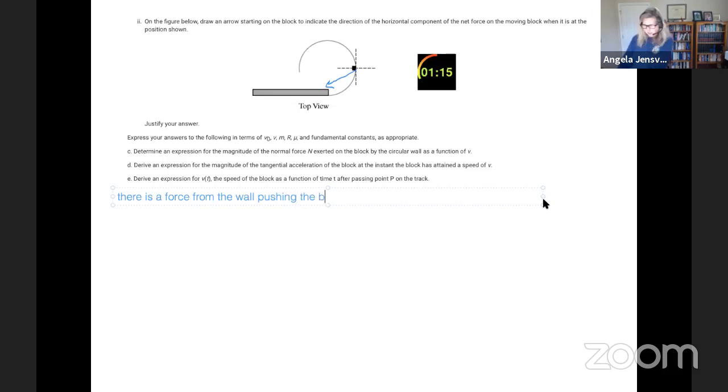And there is a component of the wall's force slowing the block down. Okay, I think that's good.